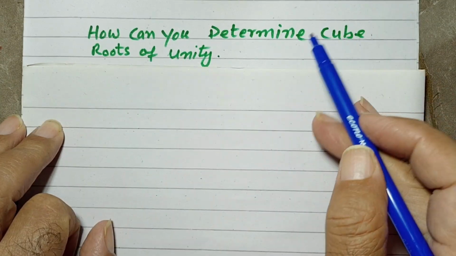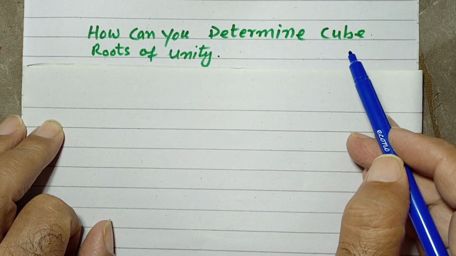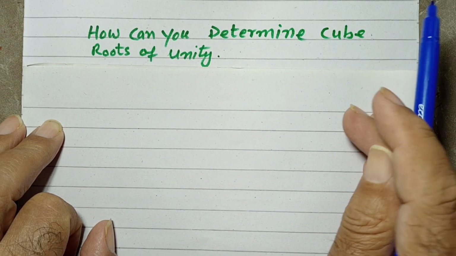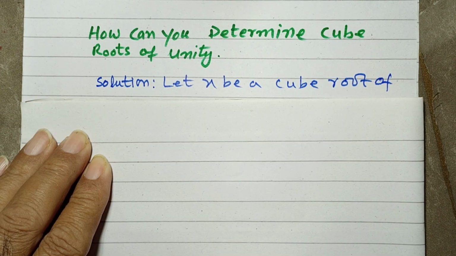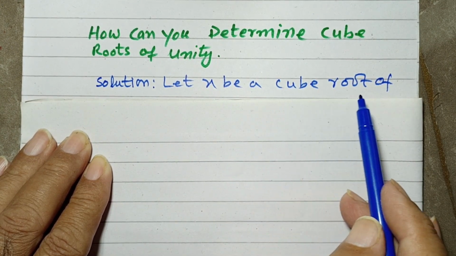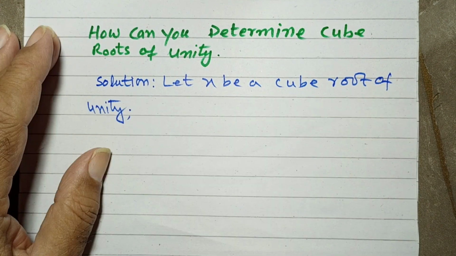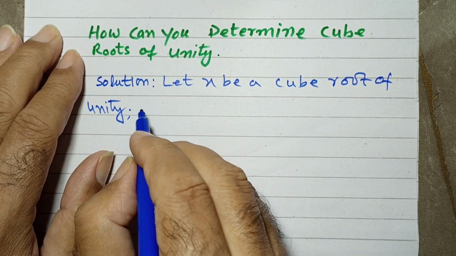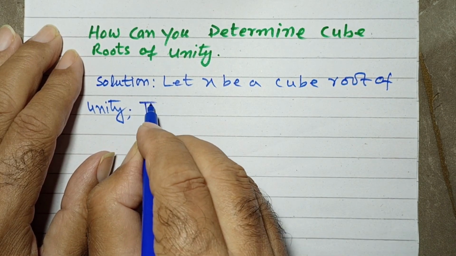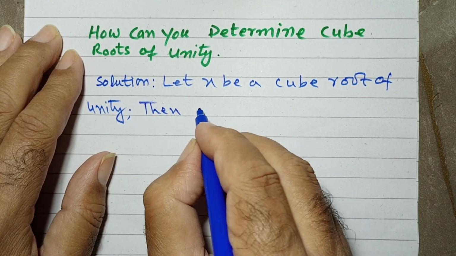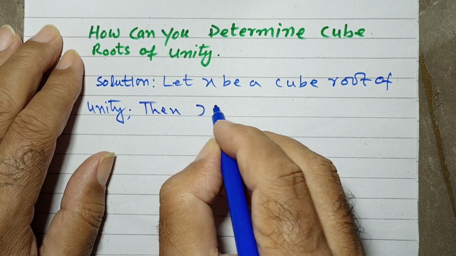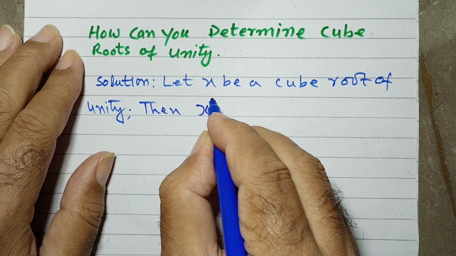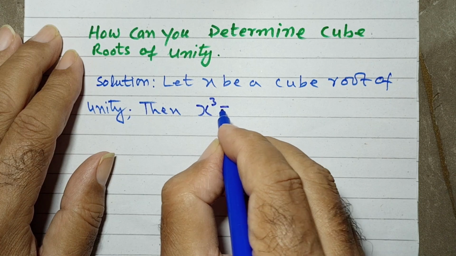How can you determine cube roots of unity? Solution. Let x be a cube root of unity, then x raised to power 3 is equal to 1.